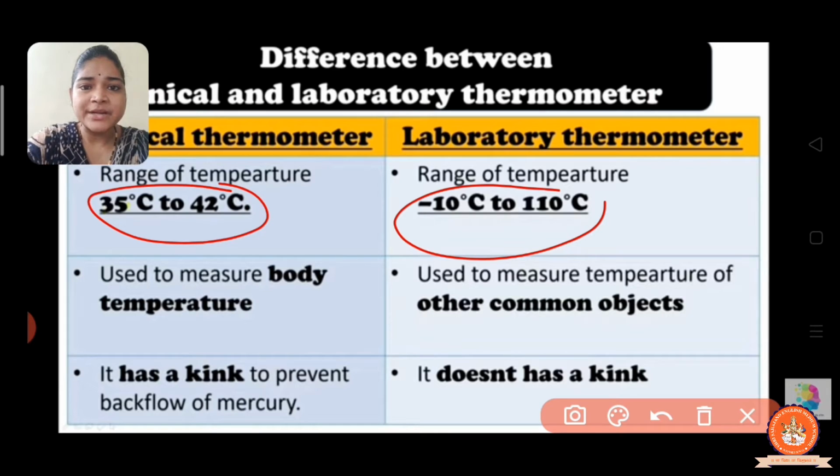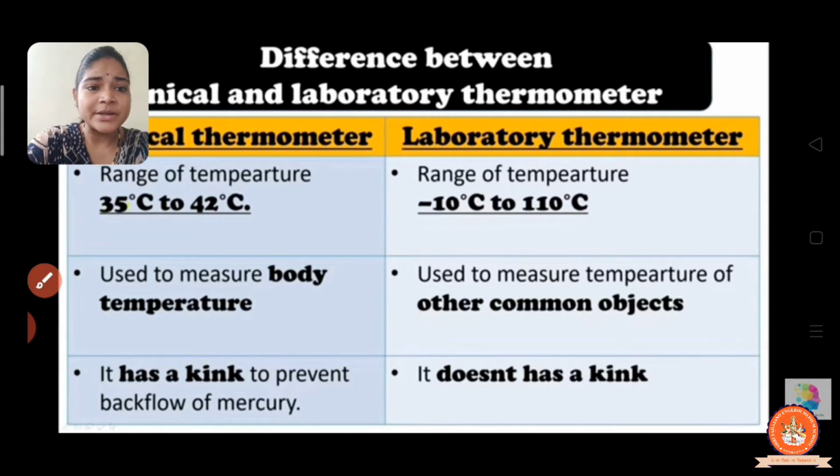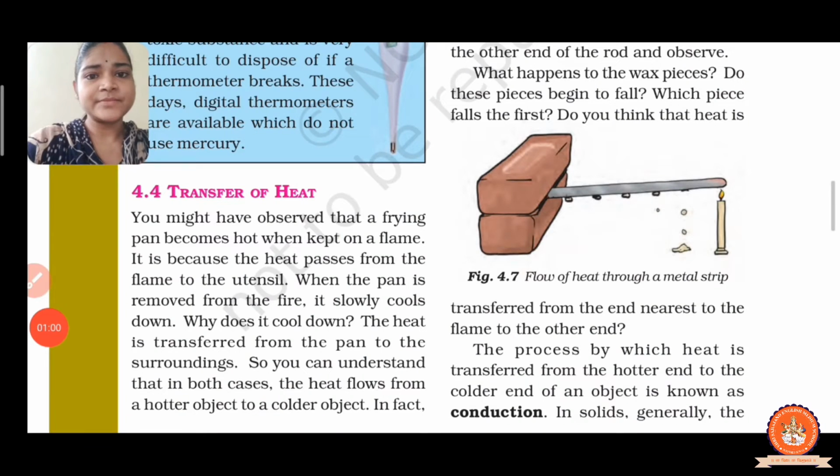The clinical thermometer is used to measure body temperature, while the laboratory thermometer is used to measure the temperature of common objects, and it is mostly used in laboratories, right? Now, the clinical thermometer has a kink to prevent the backflow of mercury, but the laboratory thermometer does not have a kink, right?